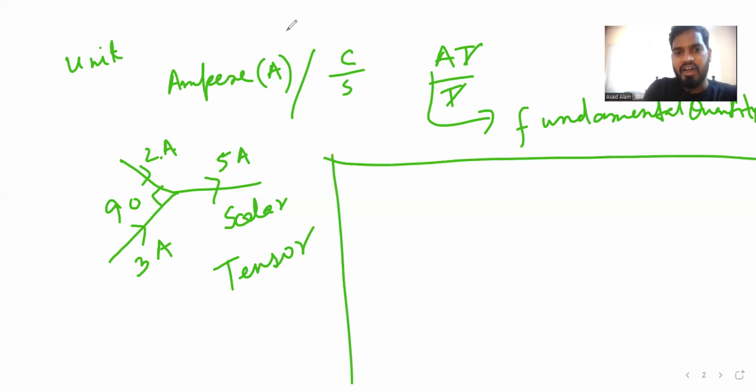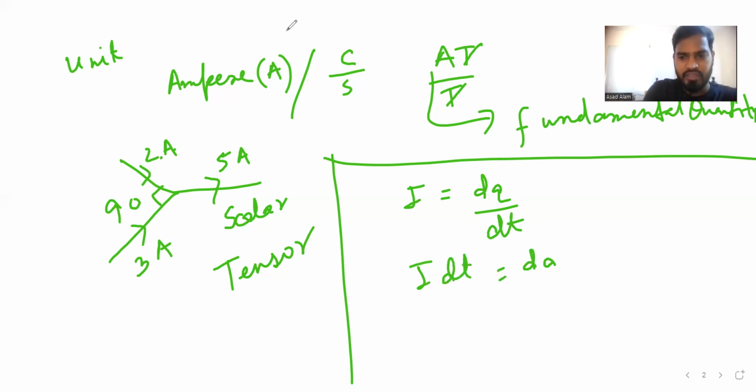Before that, let's see one more thing. As we learned, instantaneous current is dq by dt. So we can say I into dt is equal to dq. If you want to find I, then you have to differentiate. If you want to find charge, then you have to integrate.